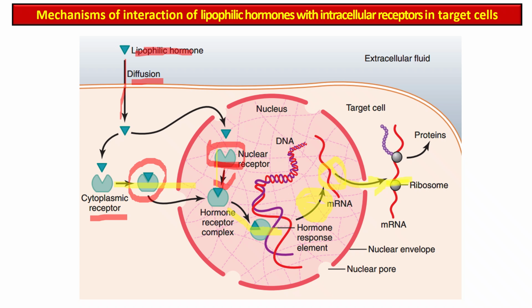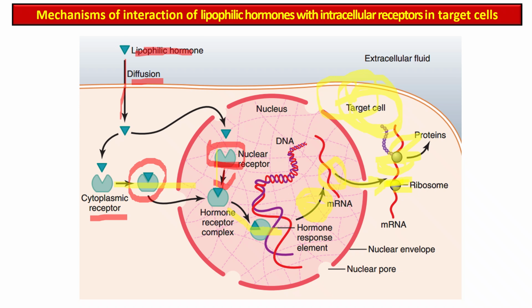So this translation process that occurs in the cytoplasm leads to the production of a specific protein which carries out the physiological effect in the target tissue or cell.